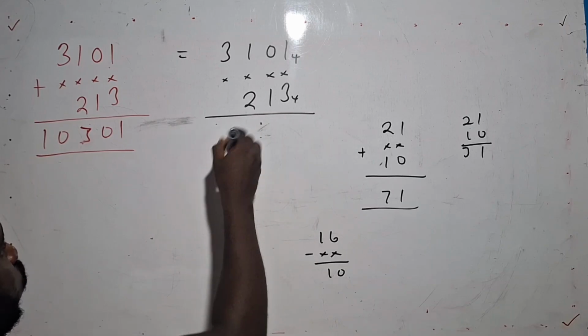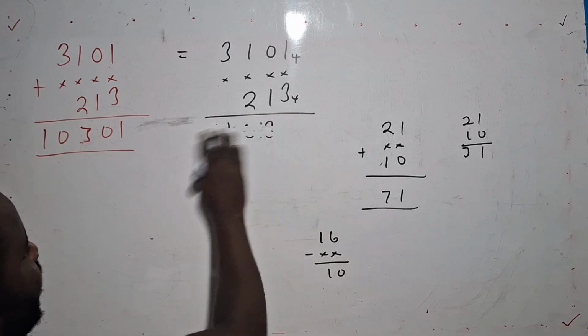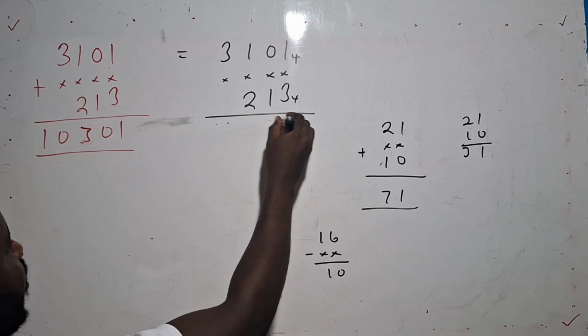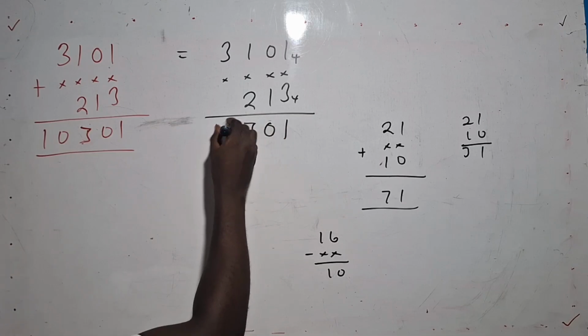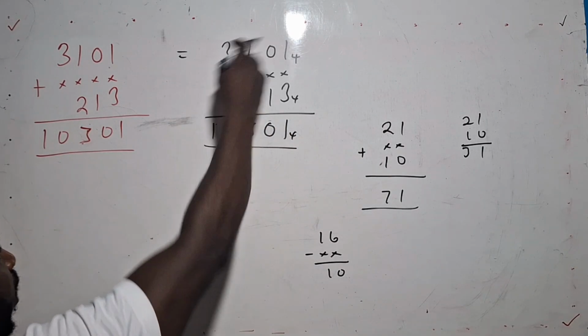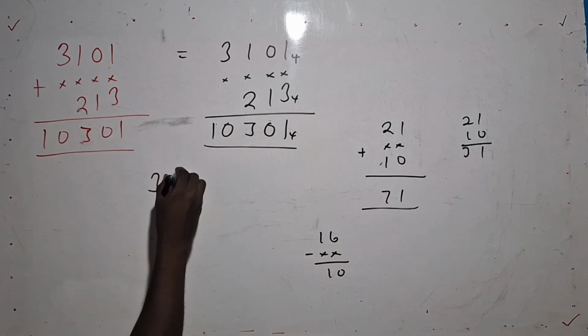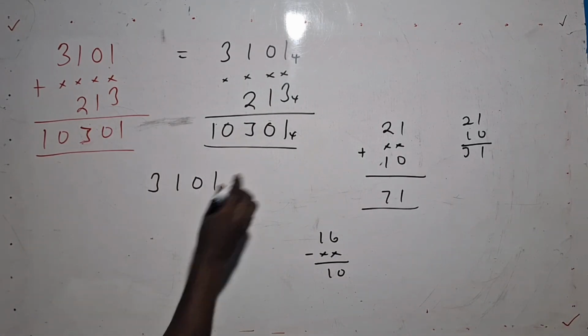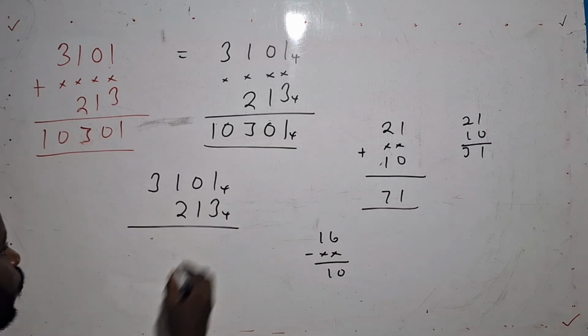Let me arrange it for 1, 0, 3, 0, 1. Let me start from here. Then I have the 0, 1 in base 4. This is to remind me. So I have to add these two in base 4: 3, 1, 0, 1 base 4 plus 2, 1, 3 base 4.